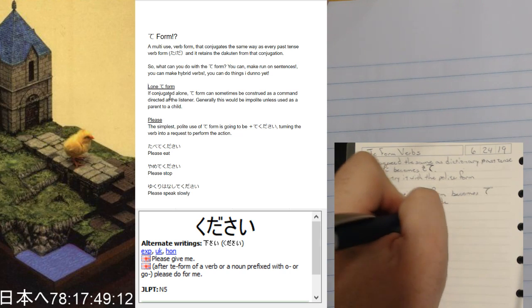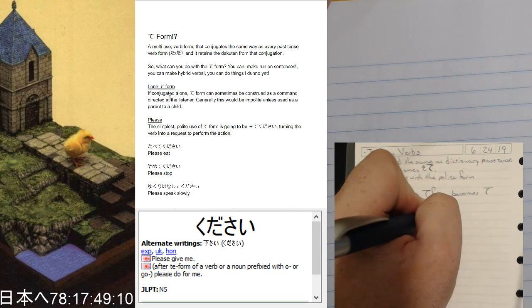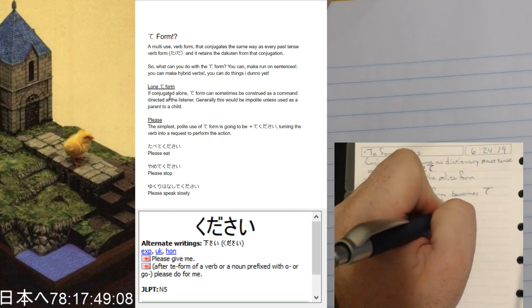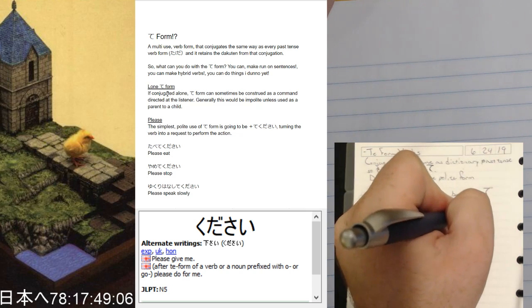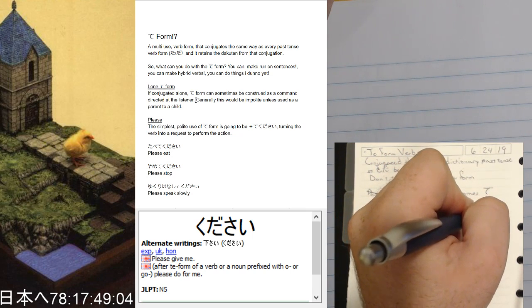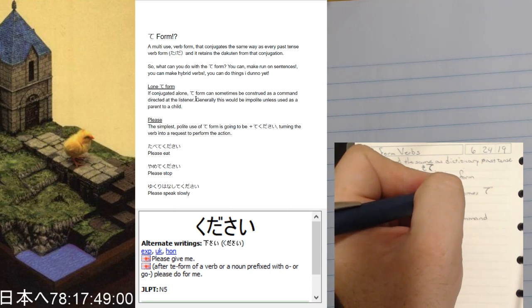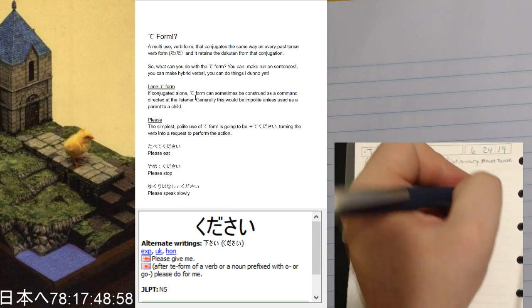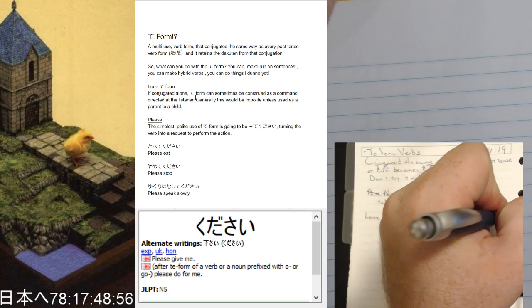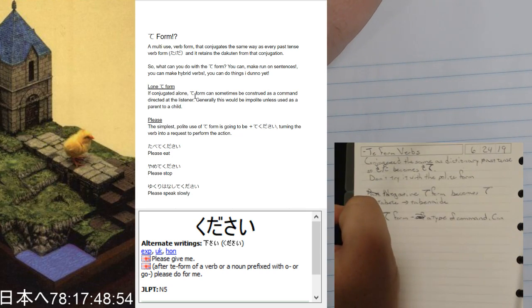It's sort of a command to the listener to do whatever the verb happens to be. Tabete, yamete, that sort of thing. It can be considered impolite to command somebody to do something, unless you're a superior in some way, such as a parent to a child or an employer.